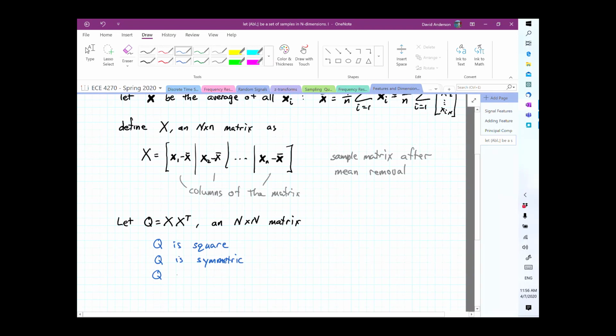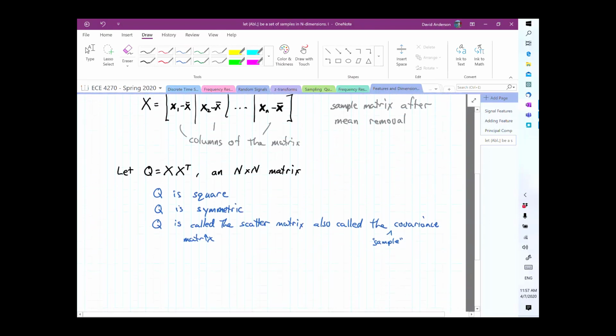So it's sometimes called a scatter matrix, and sometimes called a covariance matrix. Now it's important to remember that this is not covariance in the way that we've talked about with respect to expectations. We're not taking an expectation of anything, and we're not even averaging. So it's not properly a covariance matrix, but it has a lot of the same structure as one, and so it's called that.